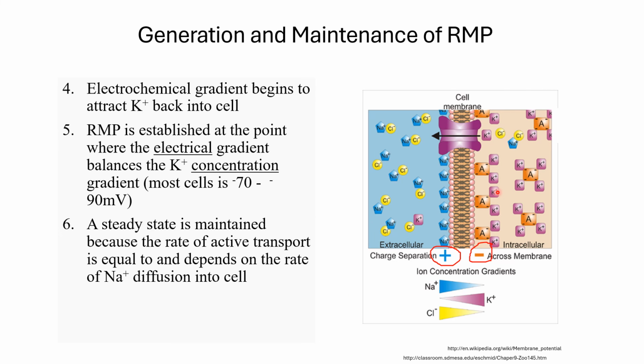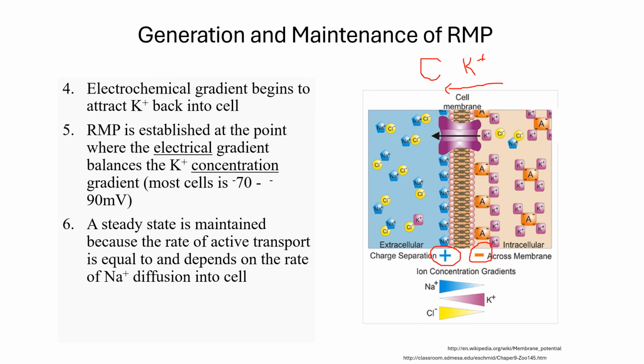And remember that positive charges are attracted to the negative inside. So what's interesting is we have a chemical gradient, so I'm going to put a C, that makes our potassium want to go this direction. So that's interesting, right? Potassium wants to go out because there's more potassium here than there is over here.